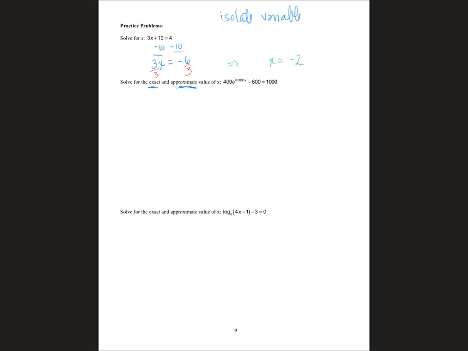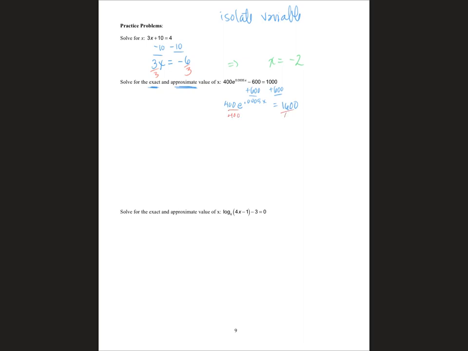Perhaps your first step here would be to add 600 to each side. That would give you 400 times e to the power of 0.0005x equals 1600.